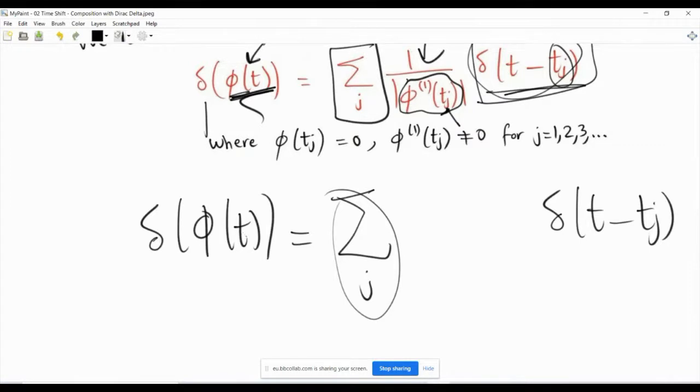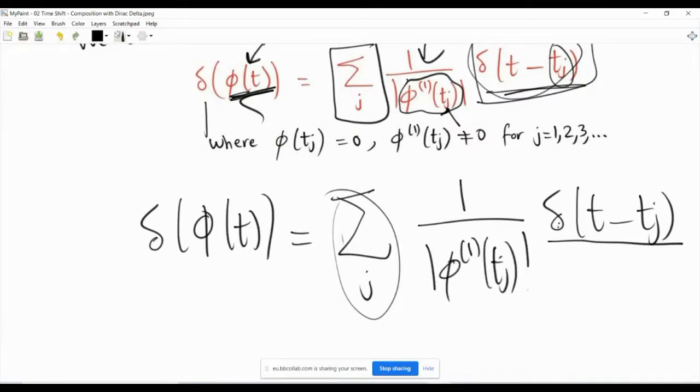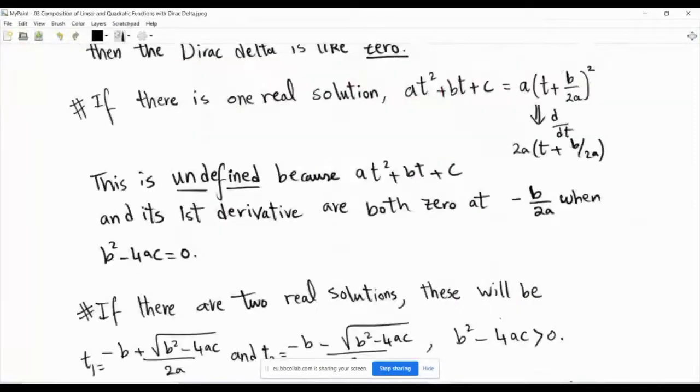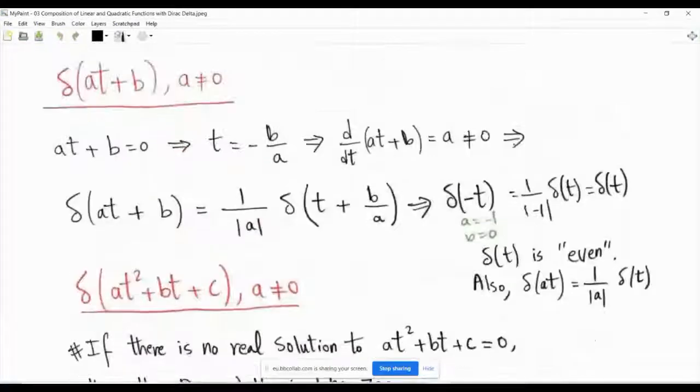If phi of t is 0 at two values of t, then we have two terms in this sum; at three values of t, we have three terms, and so forth. So we get shifted Dirac deltas, and each Dirac delta is scaled in amplitude by this value. Let's now go to special cases of phi of t.